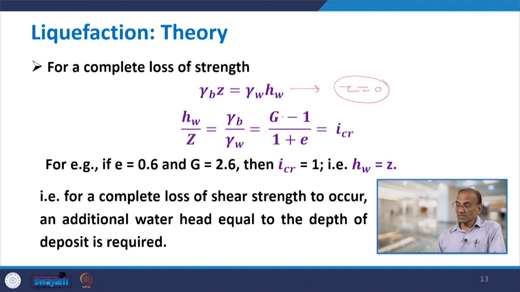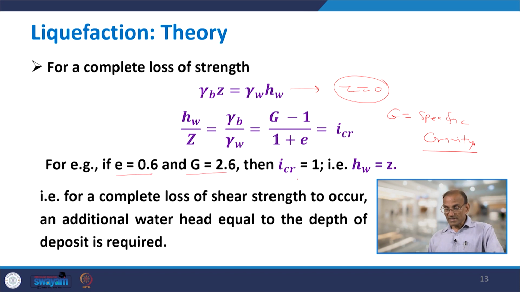What is G here? G is not shear modulus, rather here G is the specific gravity of the soil particles. Typically for a soil, if I consider void ratio e equal to 0.6 and G equal to 2.6, in that case ICR will be 1 and H W will be Z.